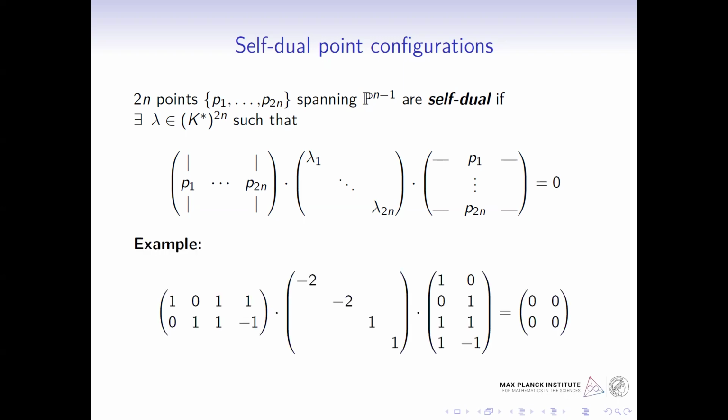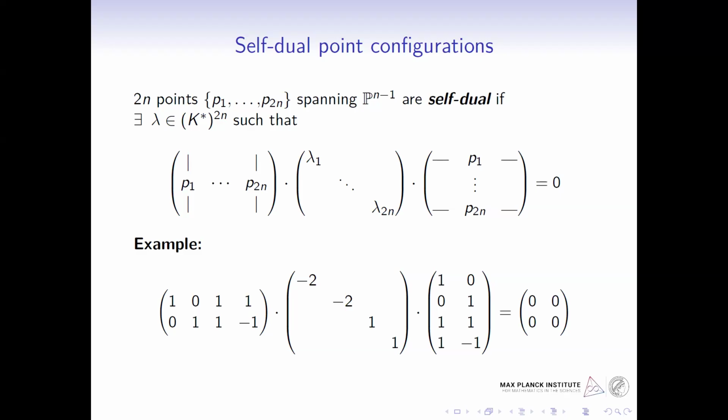Okay, so let's see an example. We had before our realization of the uniform matroid U(2,4), which is this matrix. And now by some magic, I was able to find these non-zero lambdas. And if you do the math of this matrix multiplication, that should give you the 0 matrix.